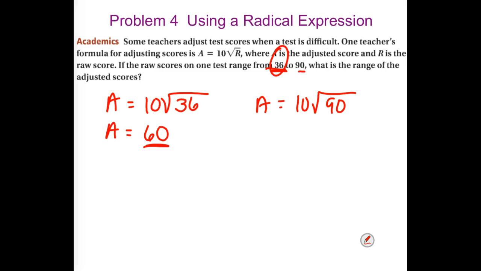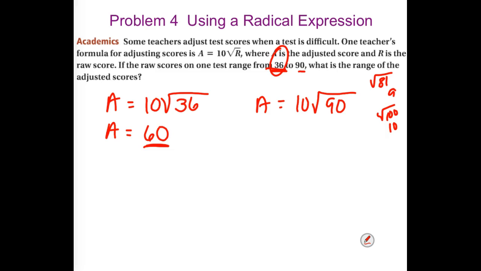Think of the perfect squares around it. What's the square root of 81? 9. And the square root of 100 is 10. Square root of 90 is somewhere between 81 and 100, right? So my value is going to be somewhere between 9 and 10? Okay. And it's close to halfway in between. So we could estimate somewhere around 9.5.